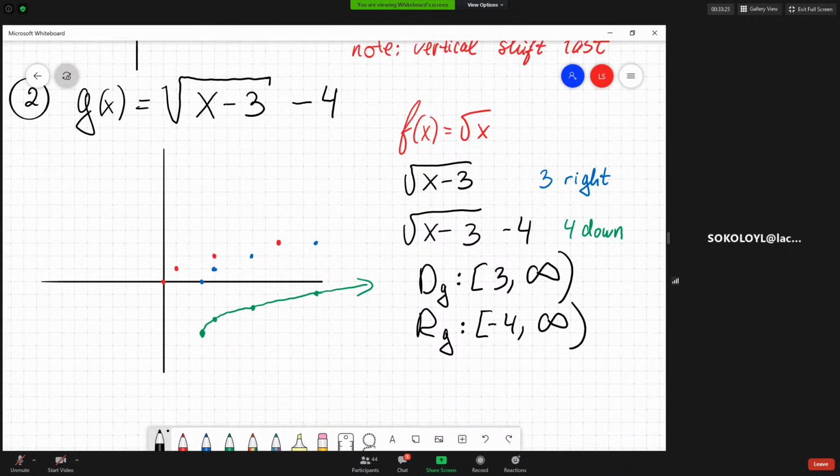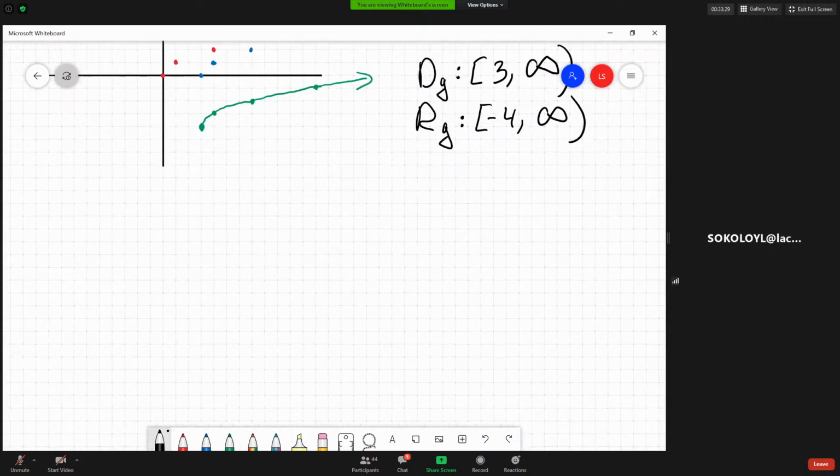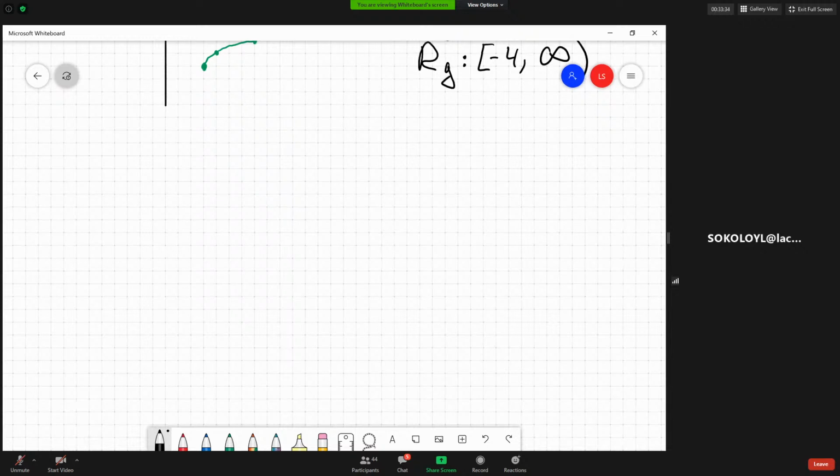All right, so let's keep moving and introduce other kinds of transformations. So the first two are vertical and horizontal shift. The next two are vertical and horizontal. So the book differentiates between stretch versus shrink. I kind of prefer to put them as the same transformation.